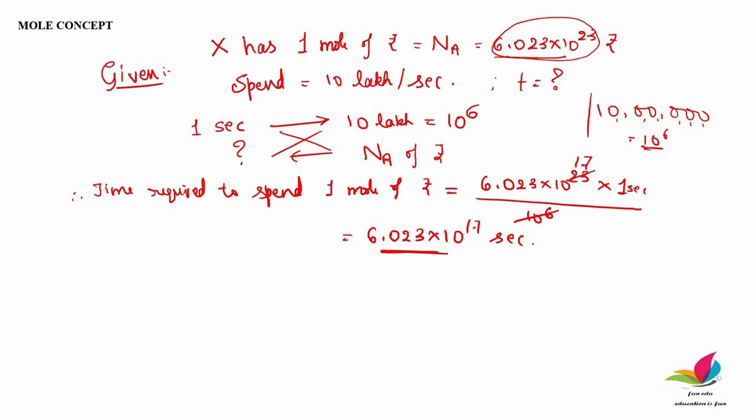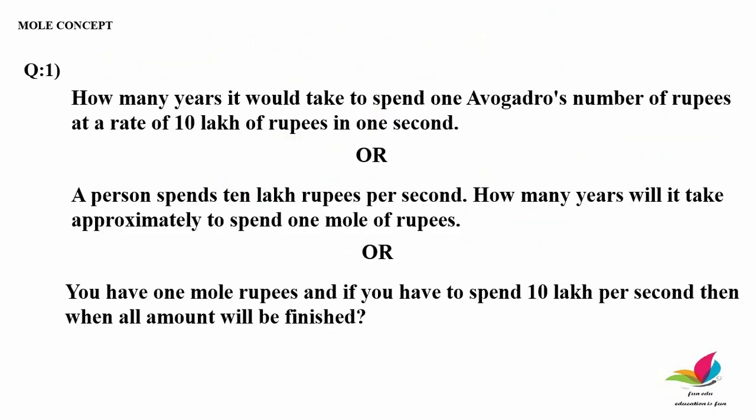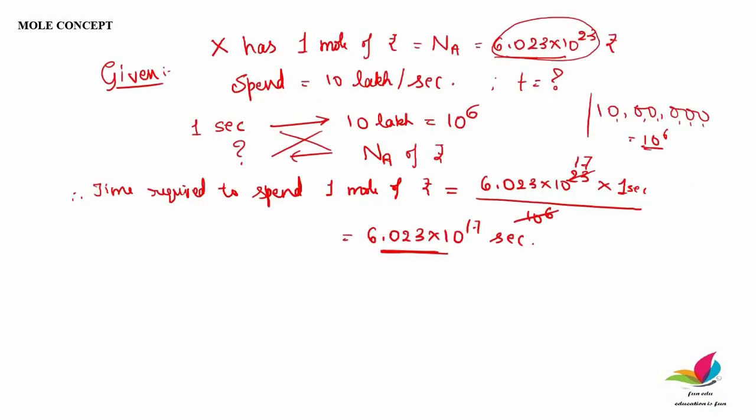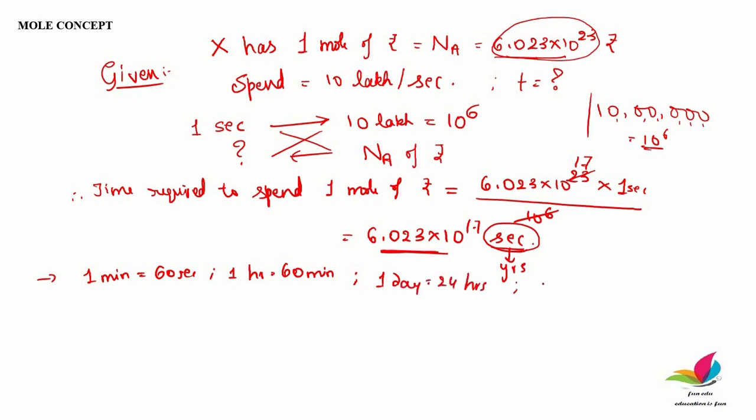But in the question, what they have asked is how many years it will take to spend Avogadro number of rupees. So you have to find the answer in terms of years, not in terms of seconds. So you have to convert this second into years. How can you do it? You know that 1 minute is equal to 60 seconds, 1 hour is equal to 60 minutes, 1 day is 24 hours, and 1 year is 365 days.